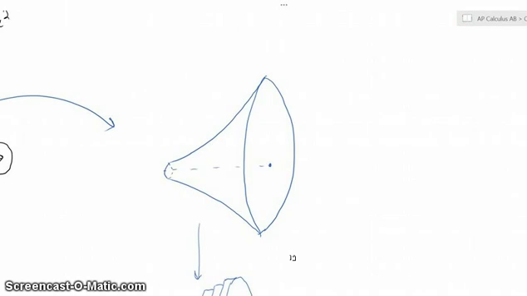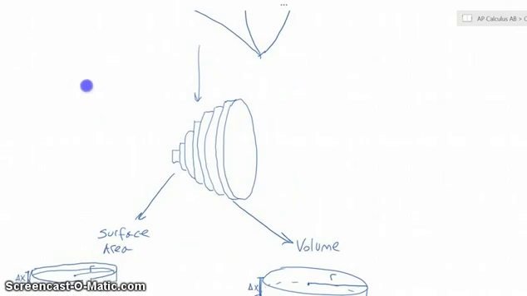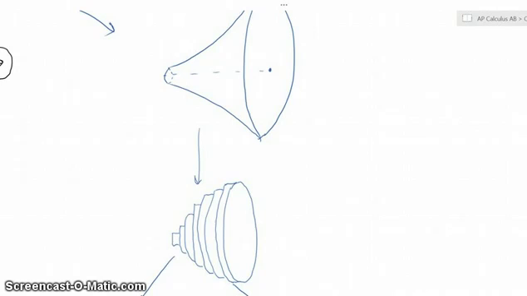And we could estimate different things about this shape, like its surface area or its volume, by splitting that shape up into subintervals and pretending that it was made out of disks that had different radiuses.